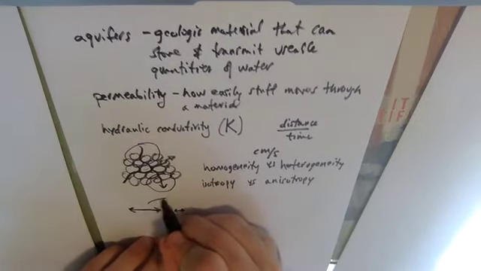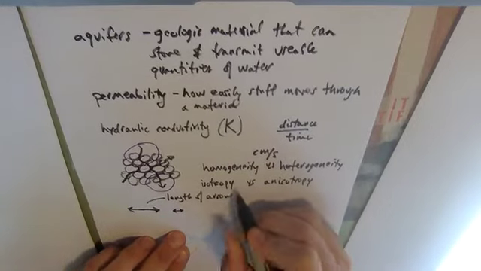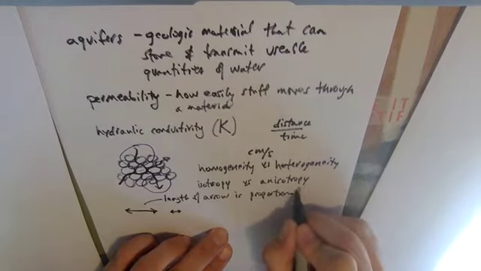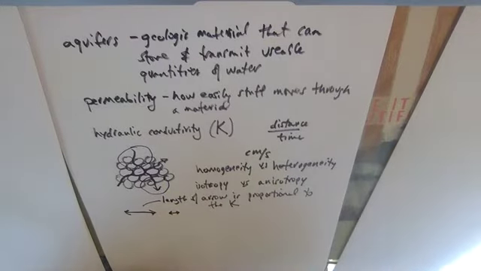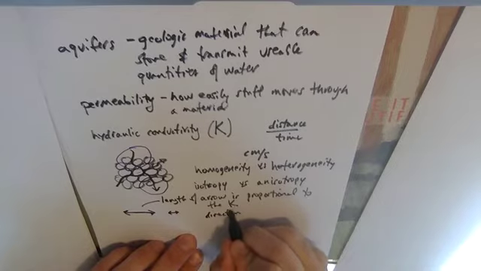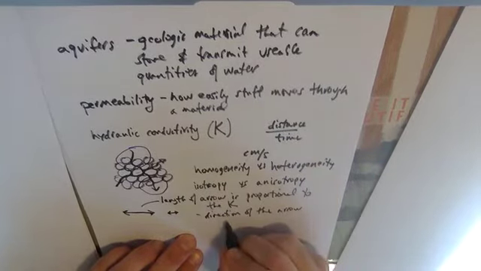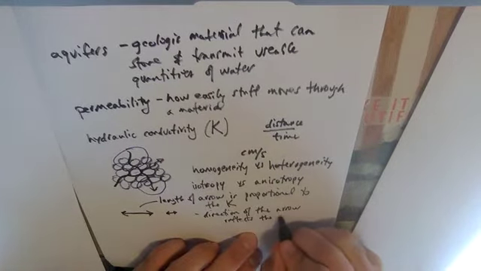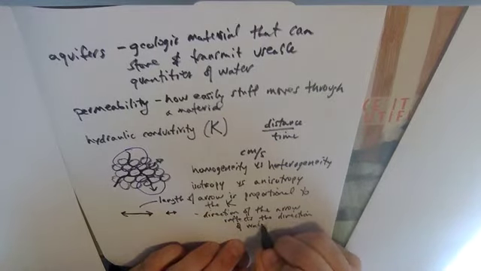So the length of the arrow is proportional to the K, hydraulic conductivity, right? And the direction of the arrow reflects the direction of water movement.